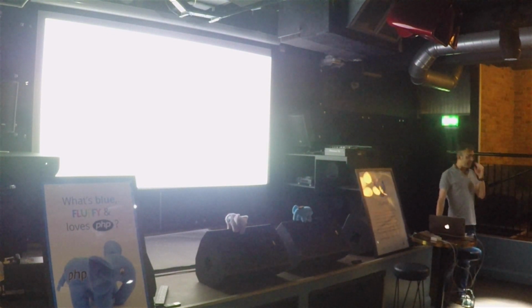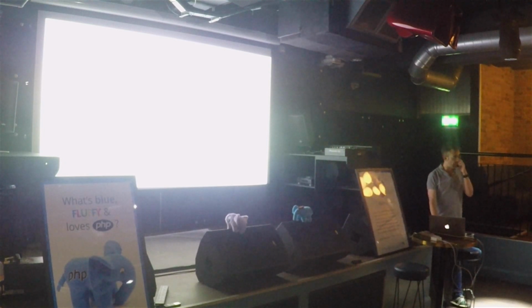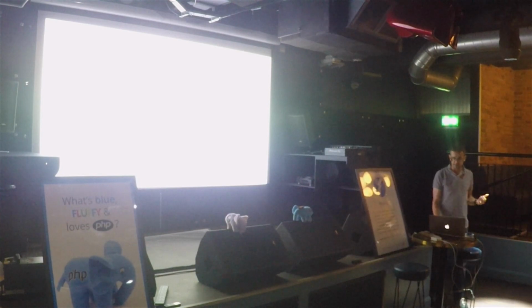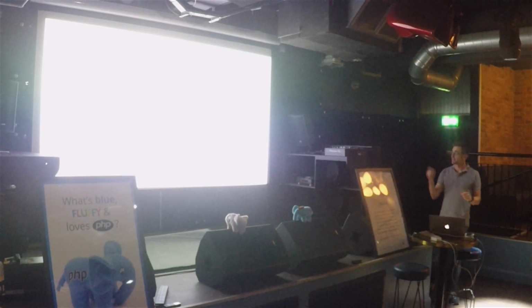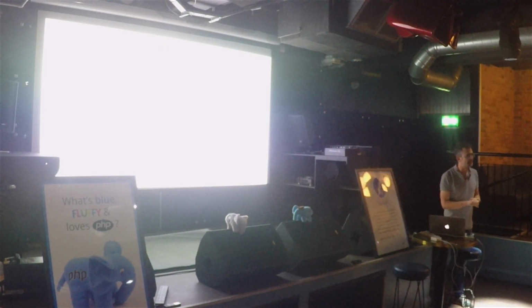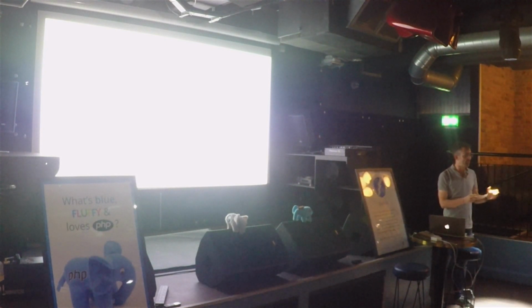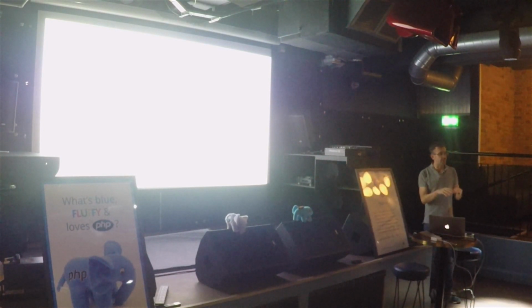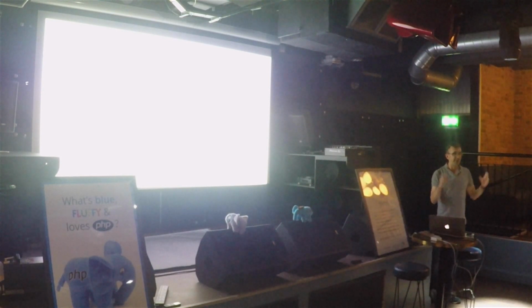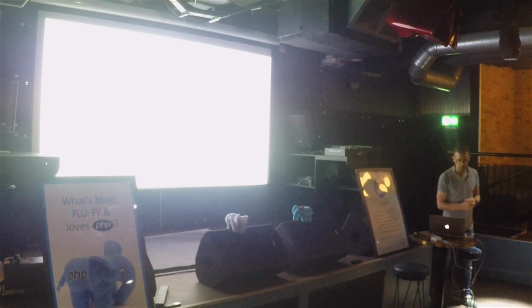Now, the interesting thing about this particular bug is it inspired PHP's first, what I would call, advanced static analysis tool. There's a chap called Matt Brown. He worked for Vimeo, and wrote a really interesting post about it. He did this massive refactor, and at that time they didn't really have any kind of static analysis tools, or much testing, so they would make changes to the code, push it live, and pray that everything would work.